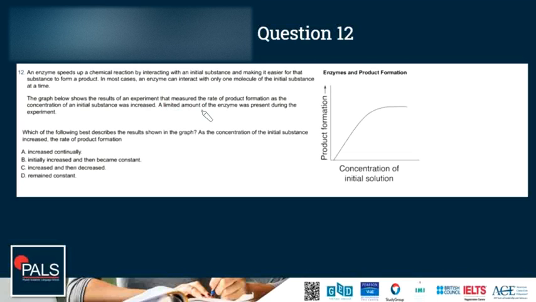A limited amount of enzyme was present during the experiment. Which of the following best describes the results shown in the graph? As the concentration of initial substance increased, the rate of product formation.